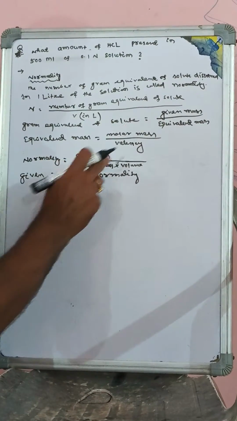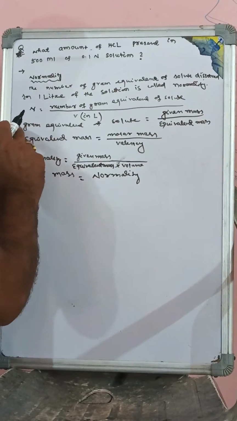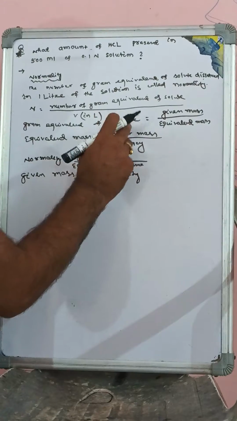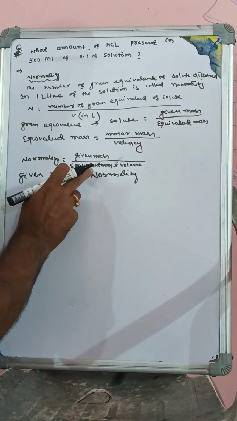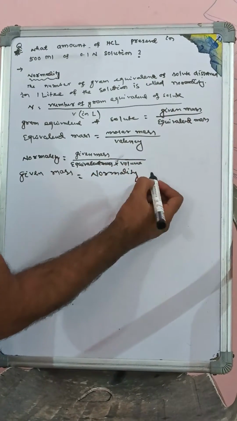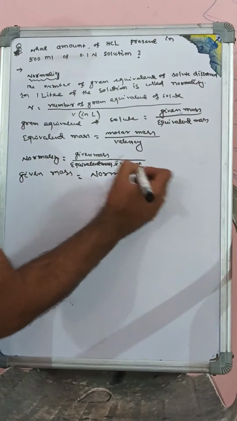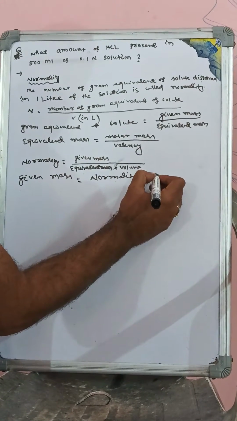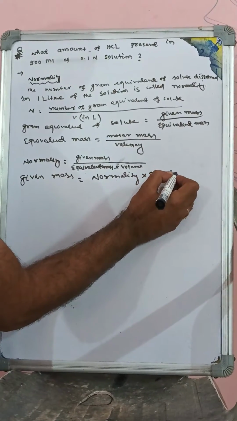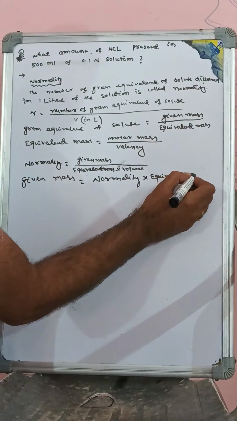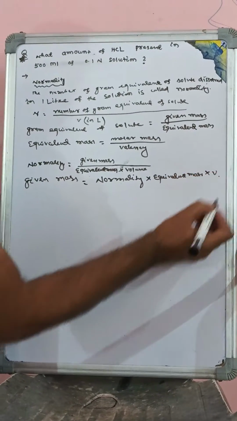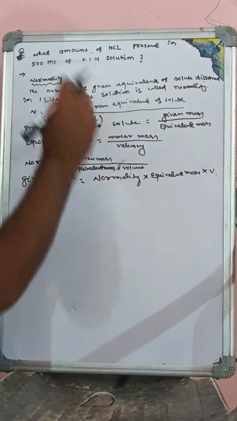Given mass divided by equivalent mass is equal to gram equivalent of solute. So gram equivalent of solute into volume into equivalent mass. Volume is equal to half liter.